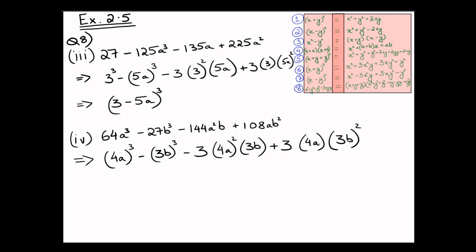Again, 27 times 4 is 108. And so, using identity number 7 again, I get 4a minus 3b whole cube.